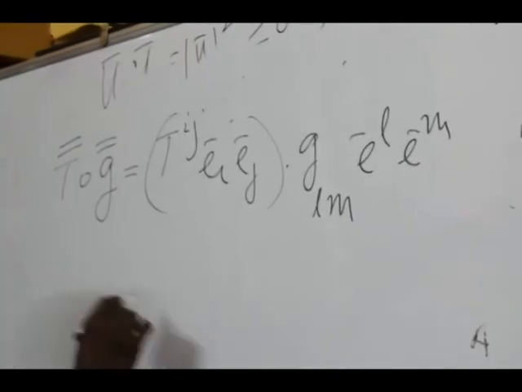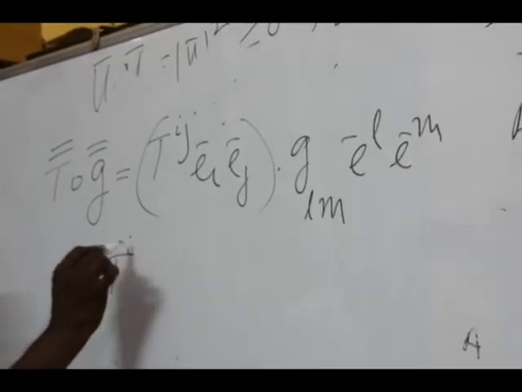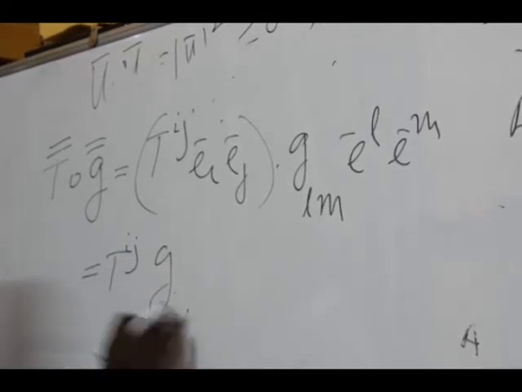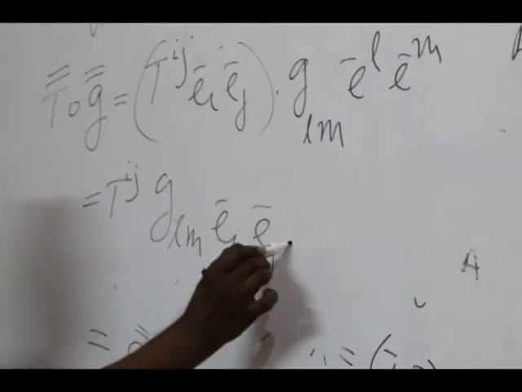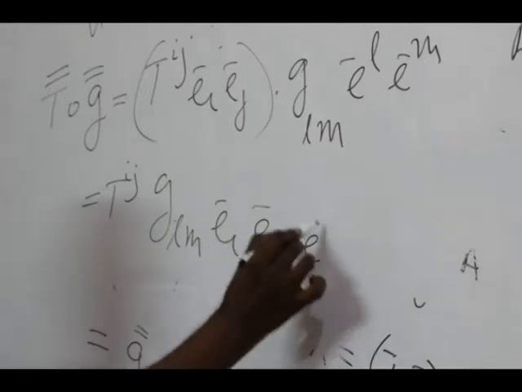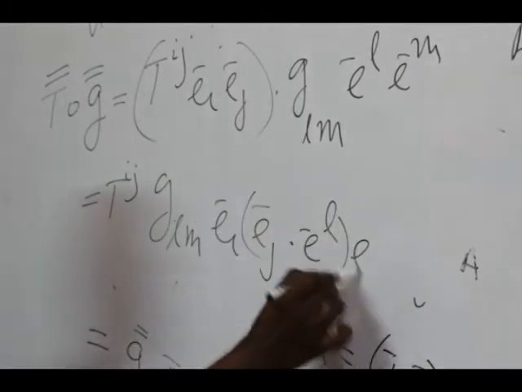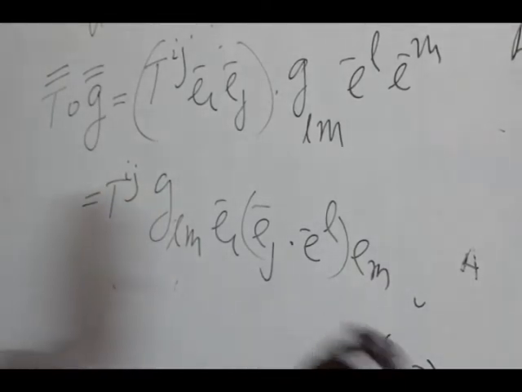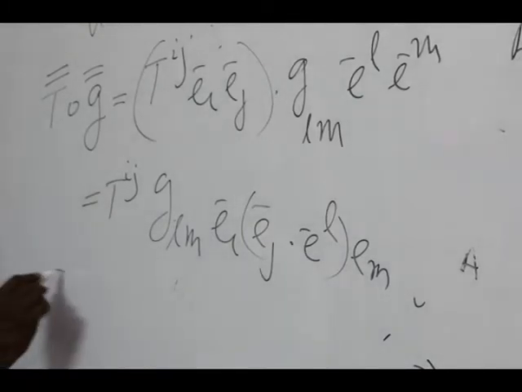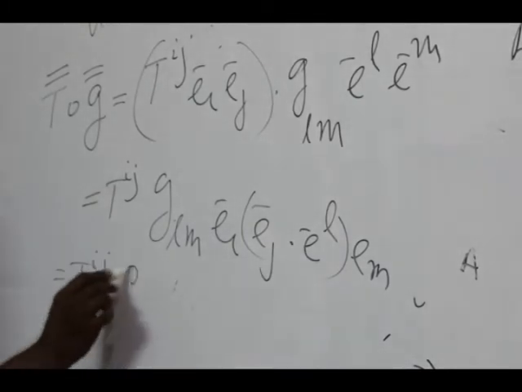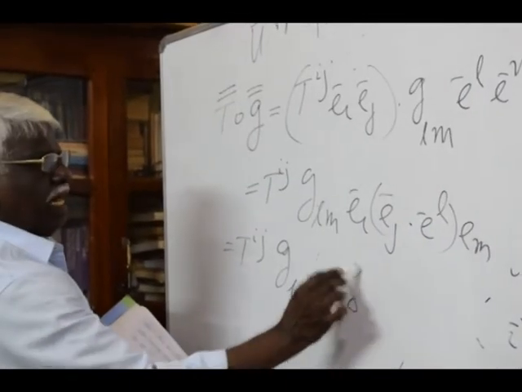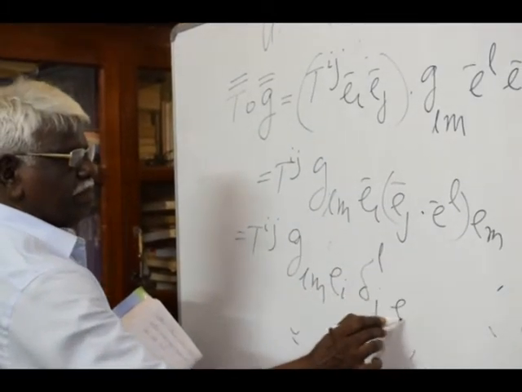Now dot it. So this is equal to Tij Glm Ei, and Ej dot El gives delta Lj, then Em.